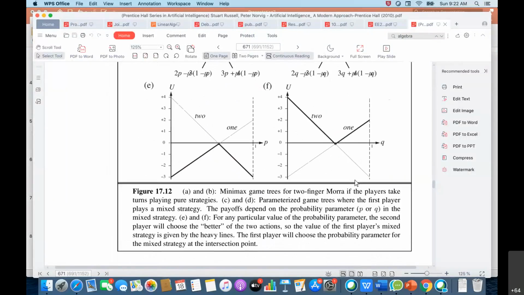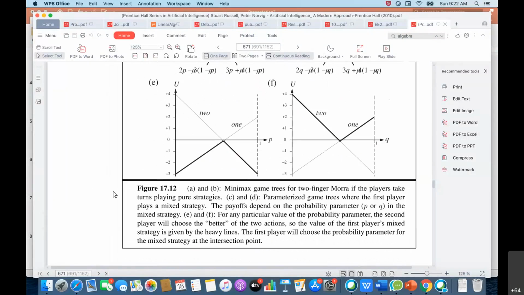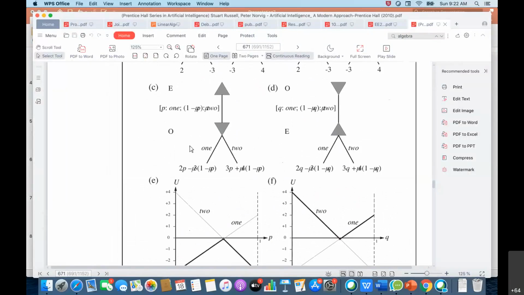Now, if you plot this, it is going to be minus 3P plus 4 into 1 minus P. The things are going to be the same.